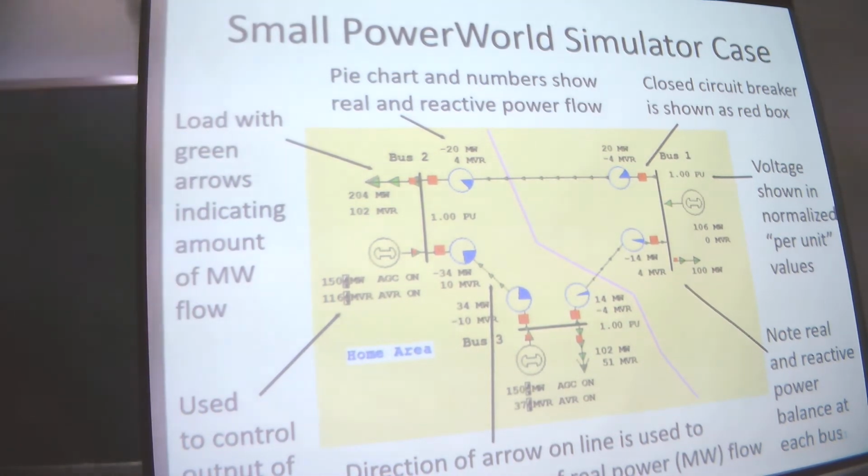So per unit, like 1 per unit, is quite easy to understand. It's actually a human-made standard to estimate some important values. For example, if you choose 100 volts as the standard base, then 200 volts will be equal to 2 per unit.